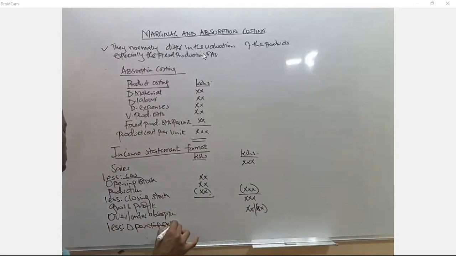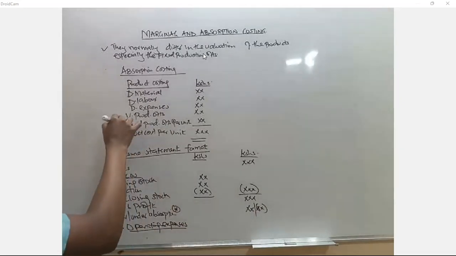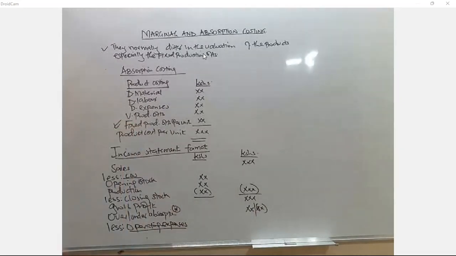The differences between this income statement and the other one is the over and under absorption, right? The second thing is, we don't factor the fixed production overheads again here, since it is already absorbed in the units produced. So when you're deducting your operating expenses, you just factor the other costs.